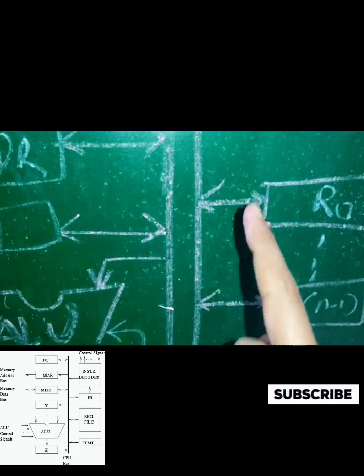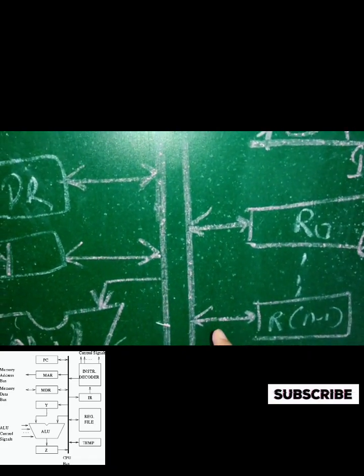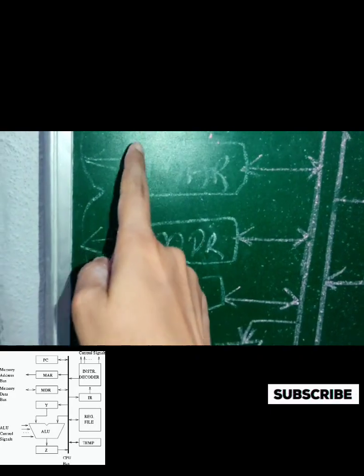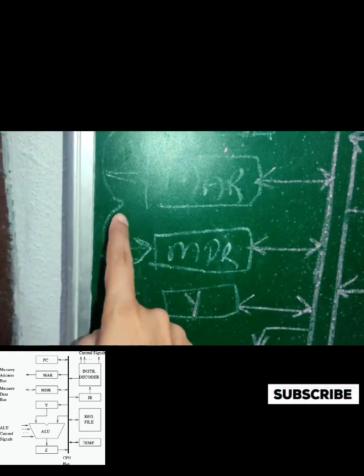This single bus is internal to the CPU. The external memory bus is connected to this CPU via the memory data register and the memory address register. Observe that these are all interconnected to each other, and outside we can see the external connections and the control lines.